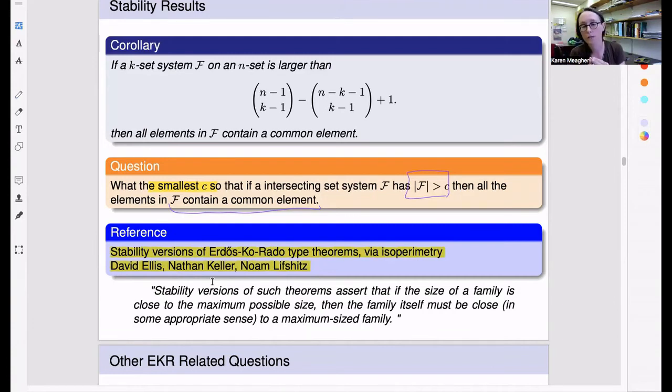So if we're really big, we're either contained in a canonical one, or we're pretty close. There might be a couple of weird ones, but for the most part everybody has a common element. This whole world of stability results is really interesting, and there are a lot of new papers coming out with really powerful results.